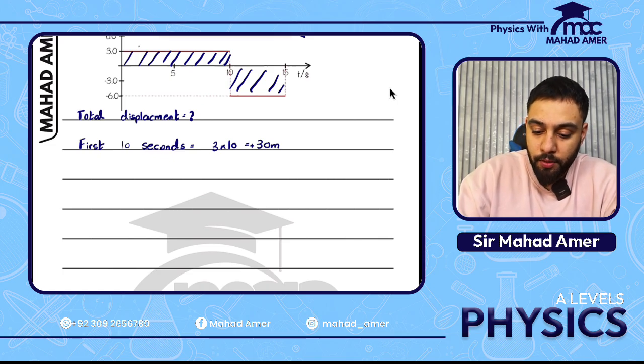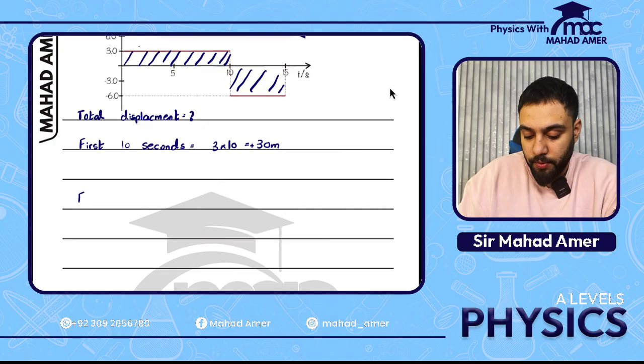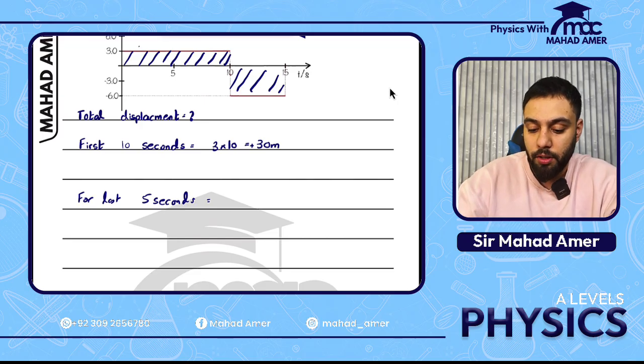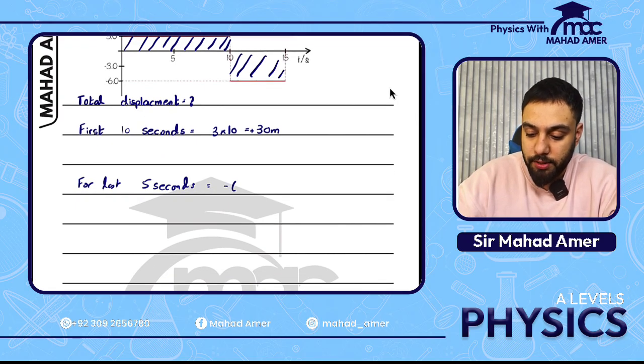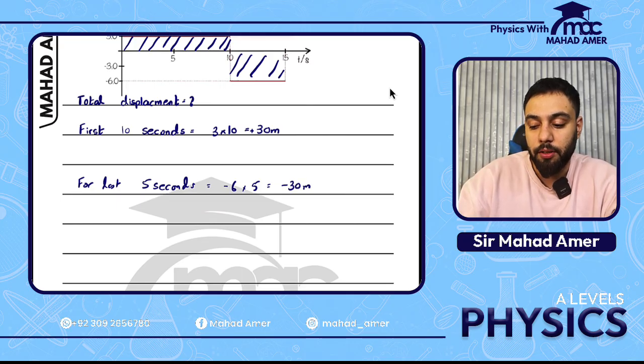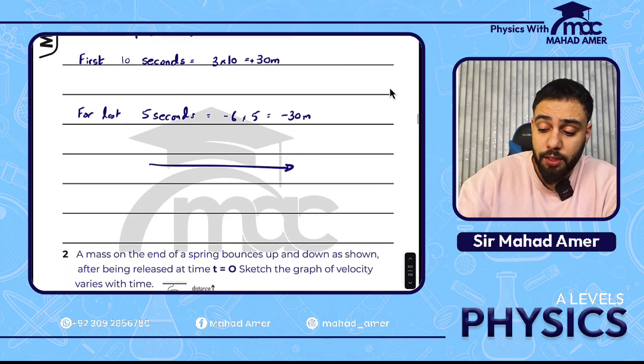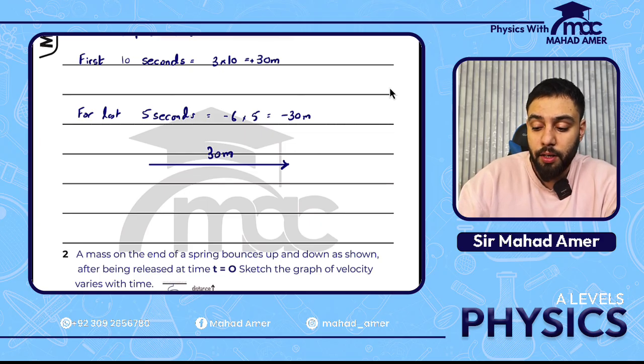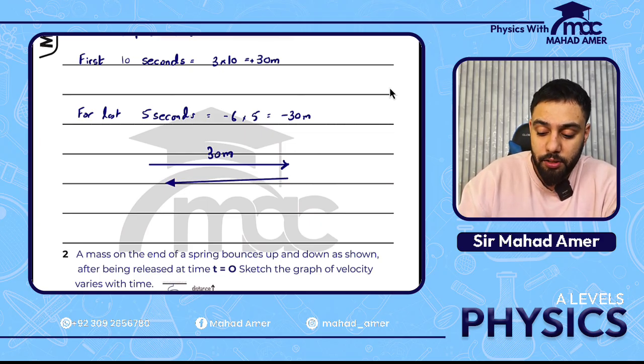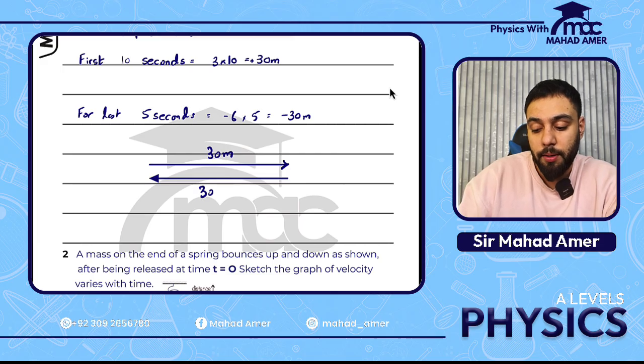Moving on, for the last 5 seconds, again the area will be -6 times 5, so it's going to be -30 meters. This indicates that the object moved to the right 30 meters and then came back 30 meters.